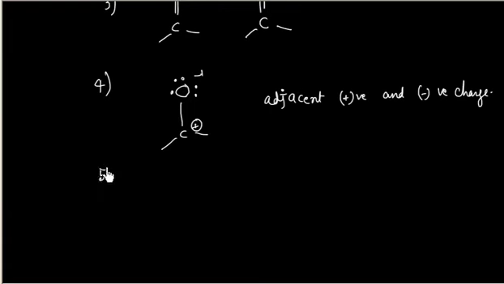The final one we said, if I have a ring with conjugated double bond. So the last pattern is a ring with conjugated double bond.